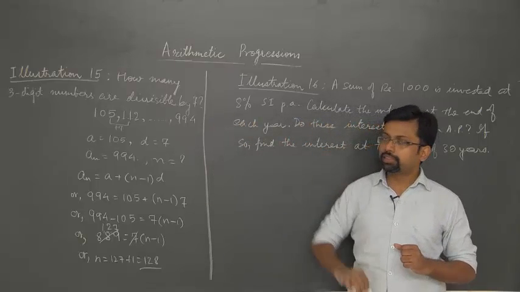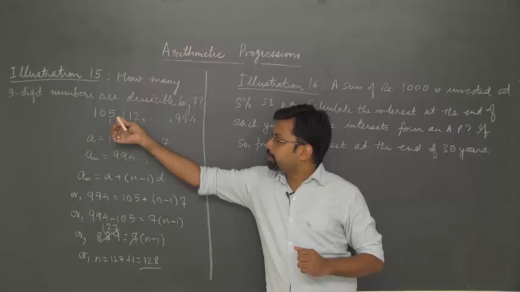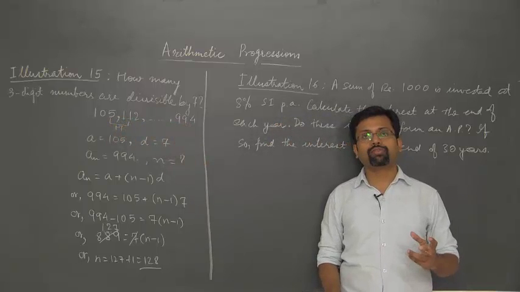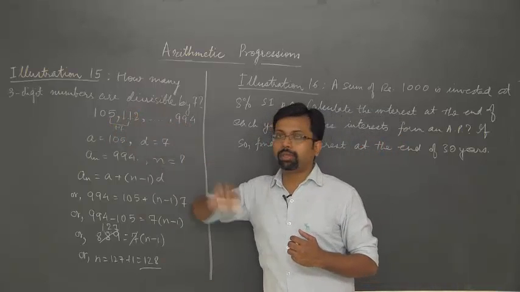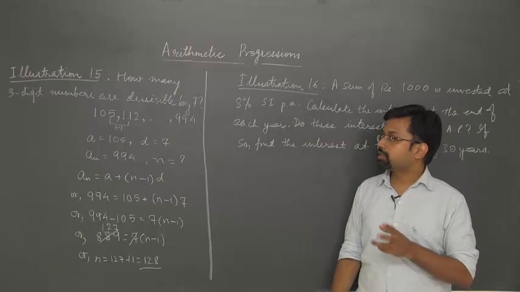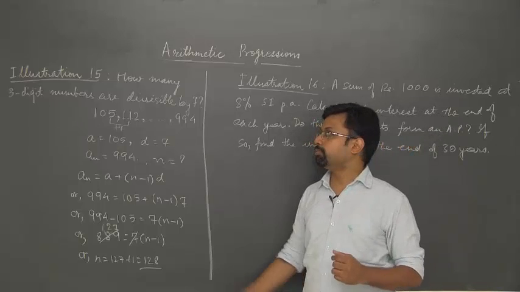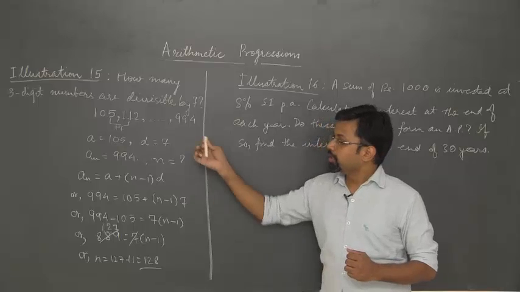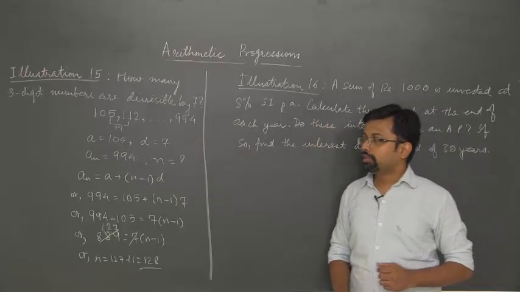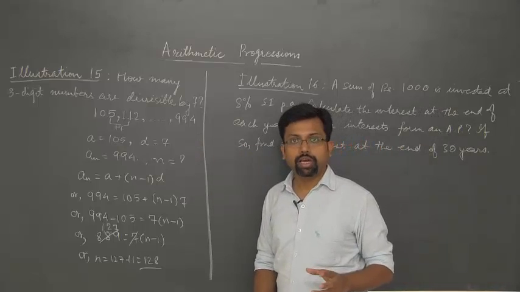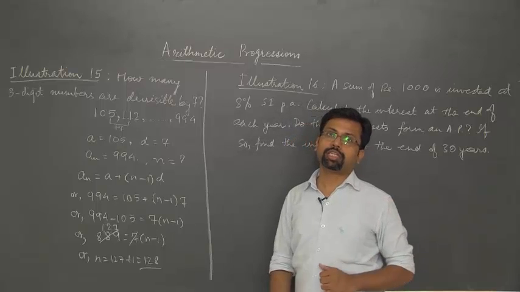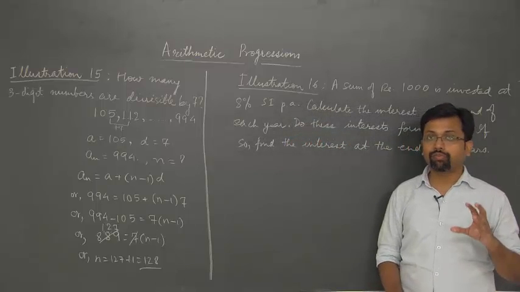So when we write these numbers, we find out that it basically forms an AP with common difference 7. The first term being 105 and the last 3-digit term that's divisible by 7 being 994. So A is 105, the common difference D is 7, and AN, which is the last term, is 994. So can we find N?